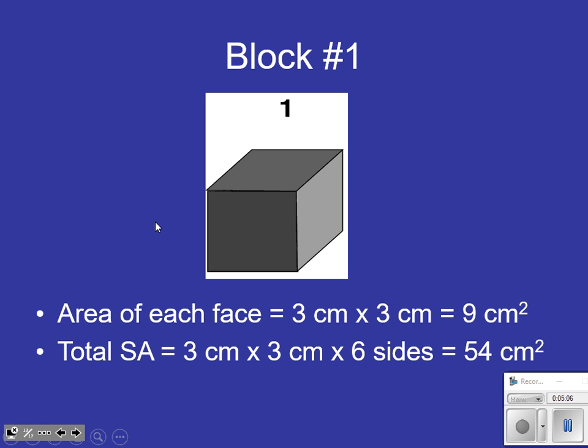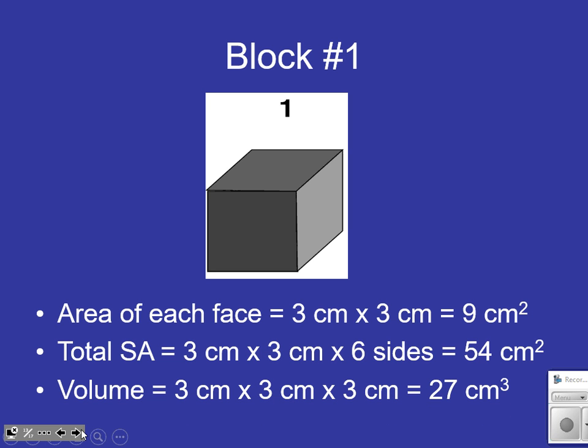Now, if I have a 3 centimeter cube, then my length times width times height is going to be 3 times 3 times 3. 3 times 3 is 9, times 3 is 27.